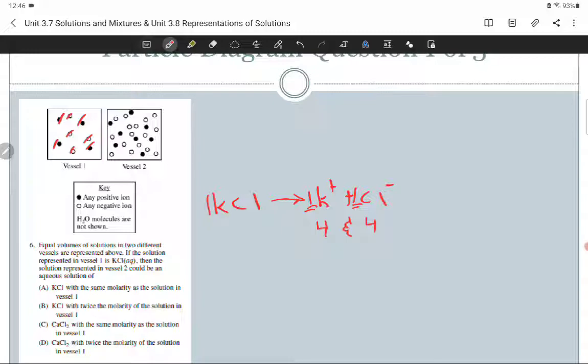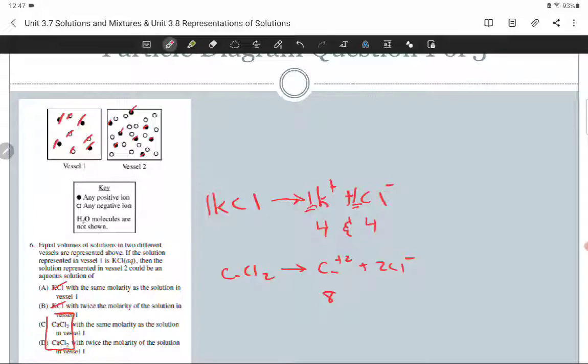So that means it cannot be those two answers. So how could it be calcium chloride? So calcium chloride, if you dump that in water, you would get calcium ions and 2 chloride ions. So maybe we will count these up now. 1, 2, 3, 4, 5, 6, 7, 8.